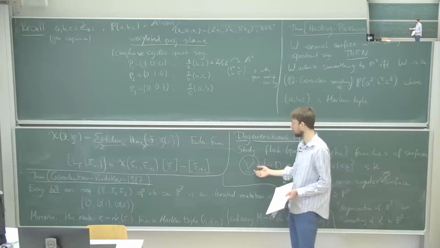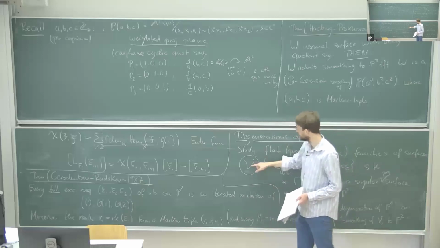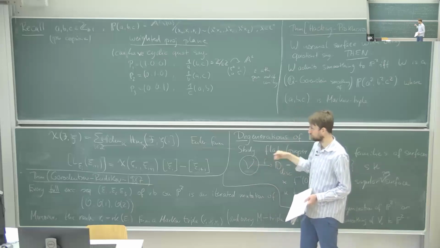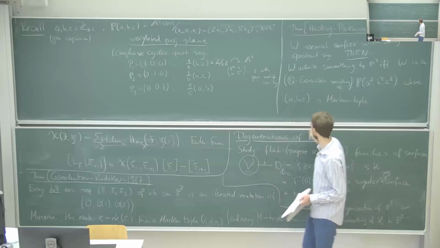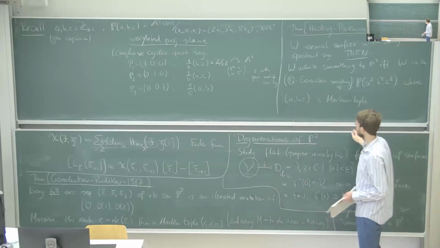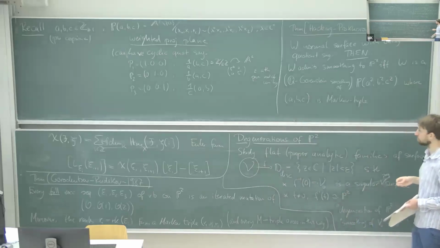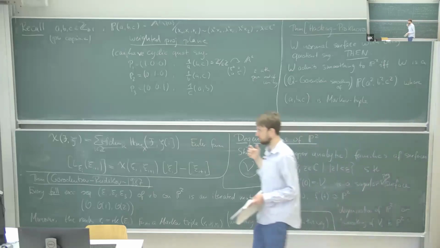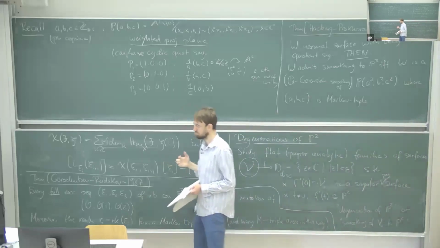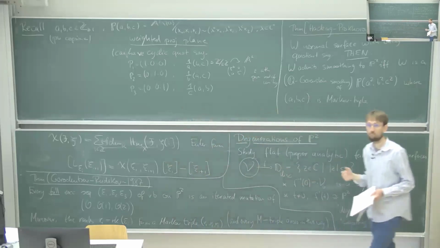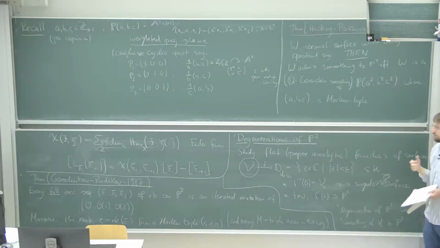I mean, the canonical class is only a Weil divisor here in general, and so by multiplying with an integer, we can make it a Cartier divisor. That means Q-Gorenstein. Okay, so this is the result of Hacking and Prokhorov, and again, we have a geometric situation where the Markov tree plays an important role and gives some kind of parametrization of a geometric structure.